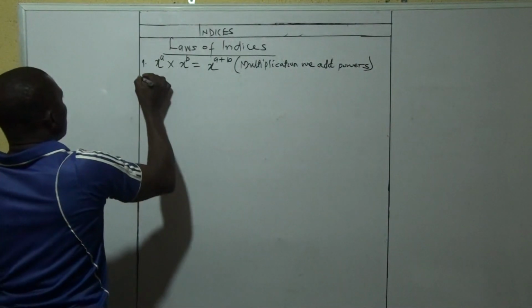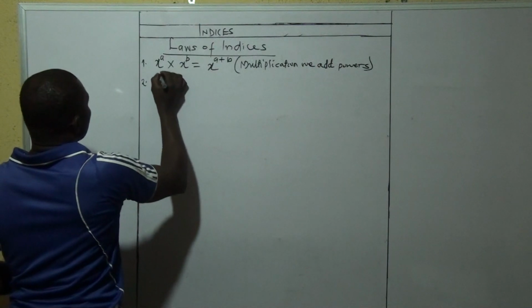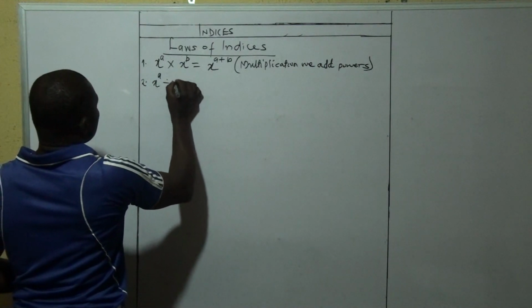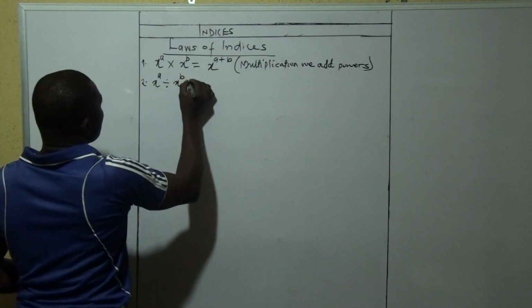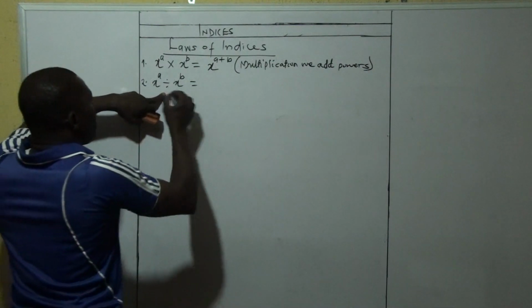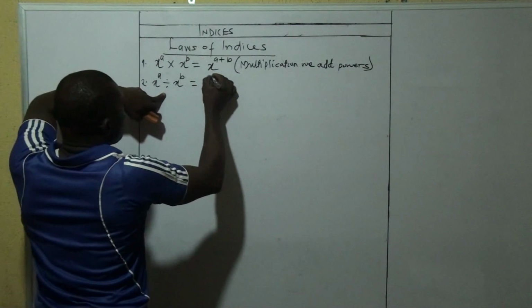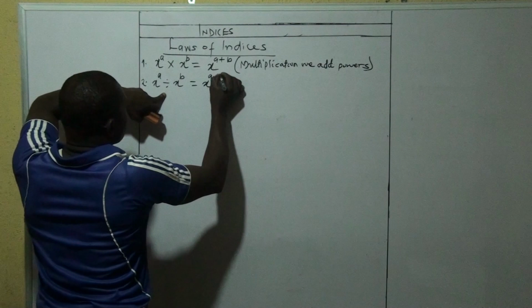Then law 2: we have x raised to power a divided by x raised to power b. Here, if the operation sign is division and the bases are the same, you take the base as one and subtract the exponents.